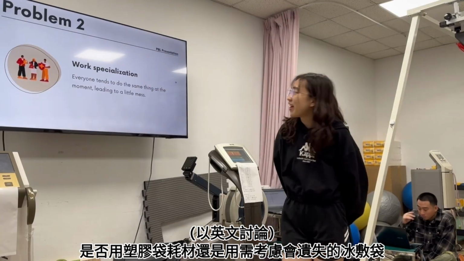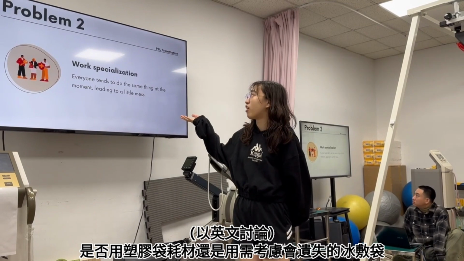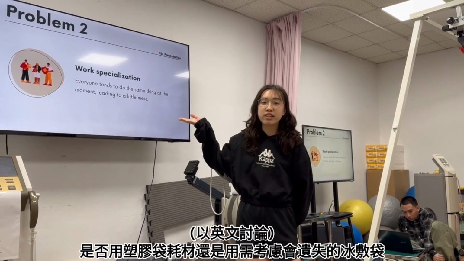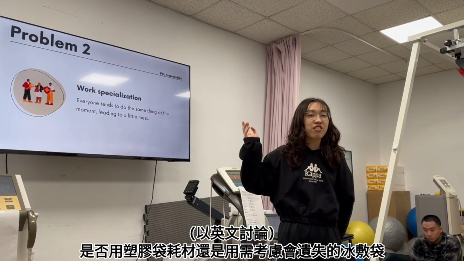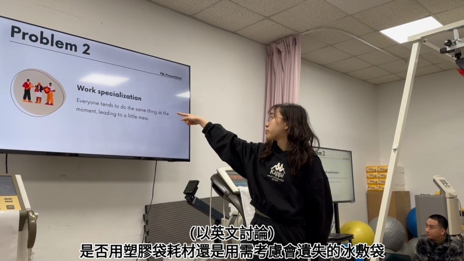Okay, and the second problem of the management and coordination issues: we found that it is hard for everyone to make the work specialized.